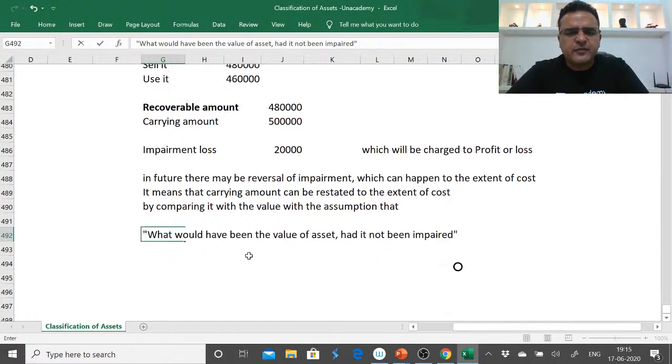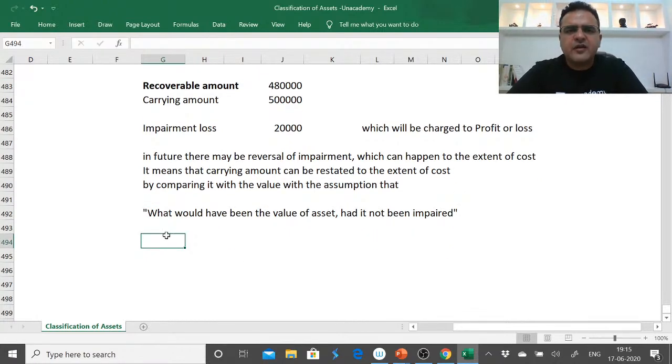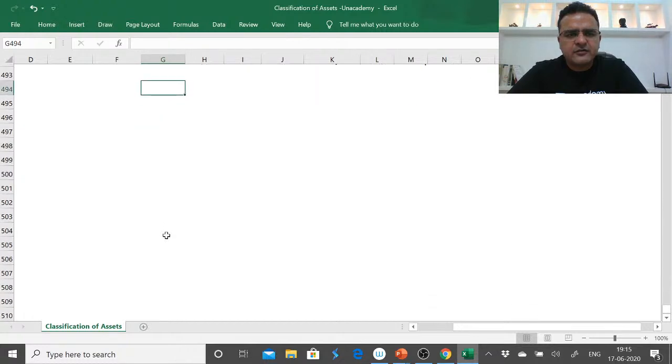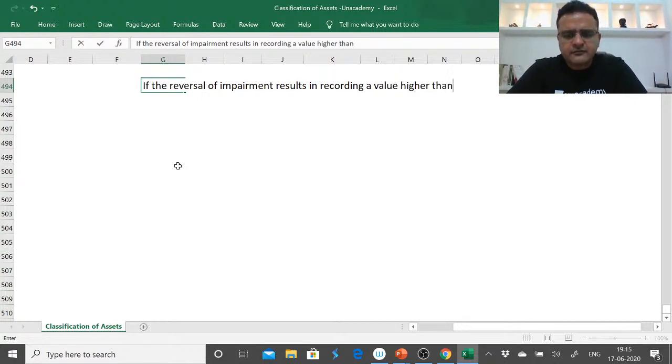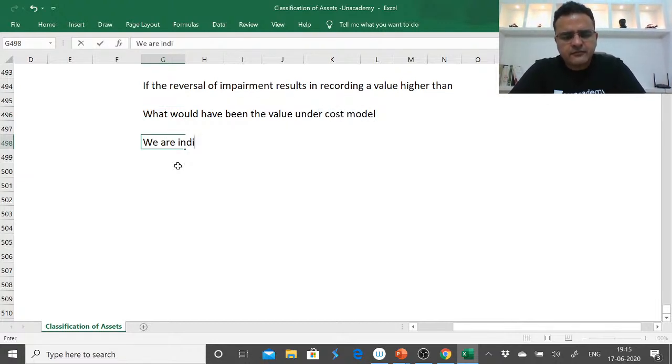We will be able to get to know the cost model value, because if the reversal of impairment results in recording a value higher than what would have been the value under cost model, we are indicating that we are changing the model. We're changing the model to revaluation model.